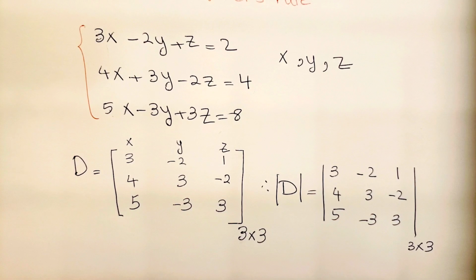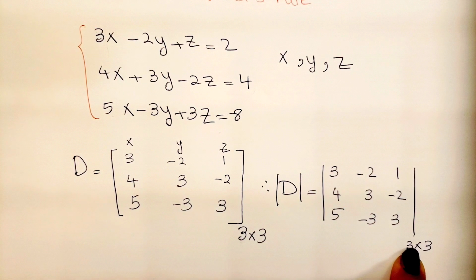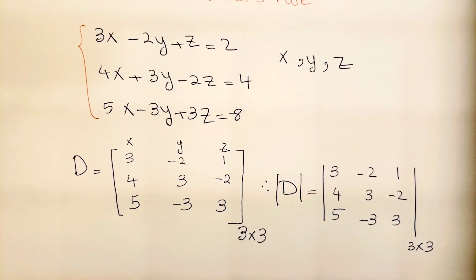Remember, so far we only had a 2 by 2 determinant. In order to find the answer to a 3 by 3 determinant, you have to break it into three 2 by 2 determinants. There is quite a lot of calculation you have to do, so let's do it together.